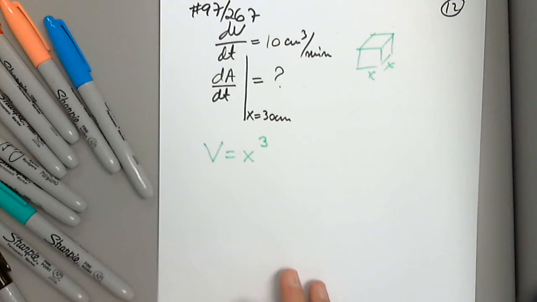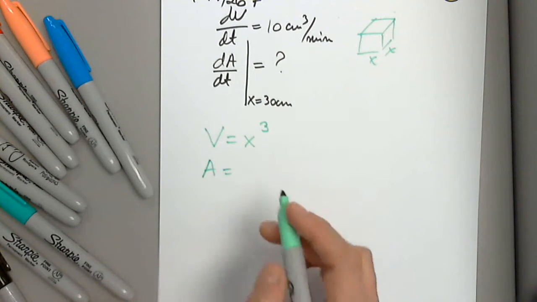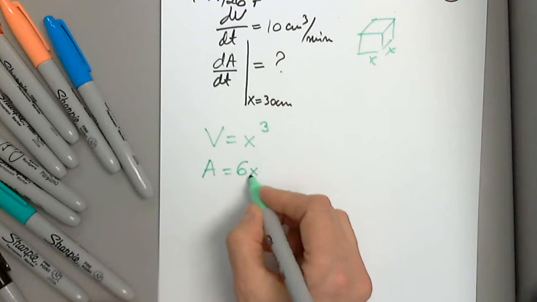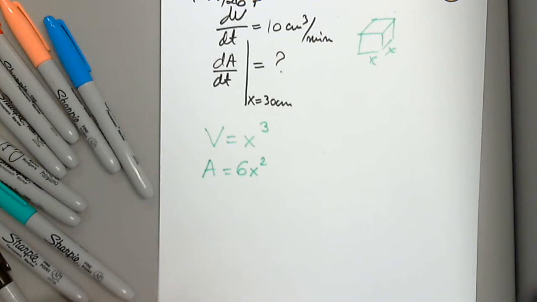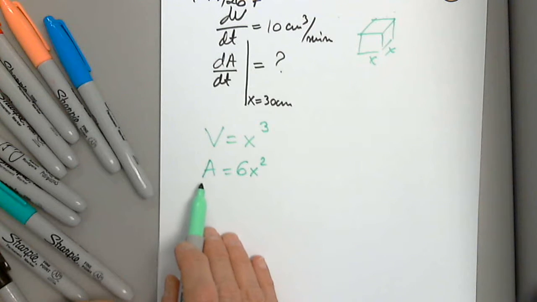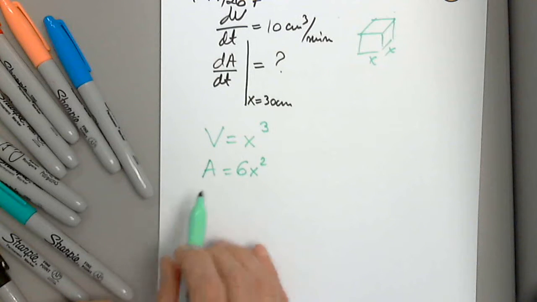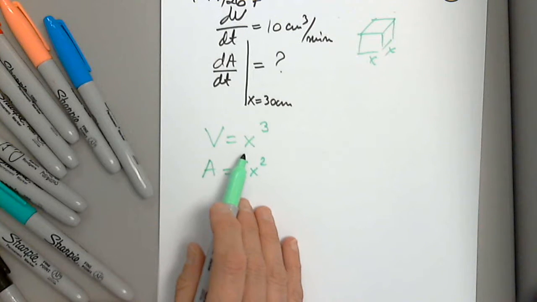What was the area? We used it a few minutes ago. 6x squared. So I'm asked to determine dA over dt because A is a function of time, V is a function of time. Well, what else is a function of time here? And x, of course. x is a function of time.